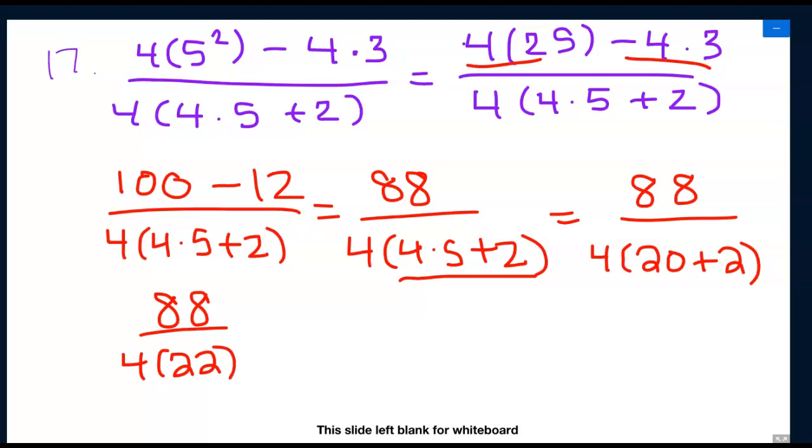And 22 times 4 is 88. So we end up with 88 over 88, which is 1.